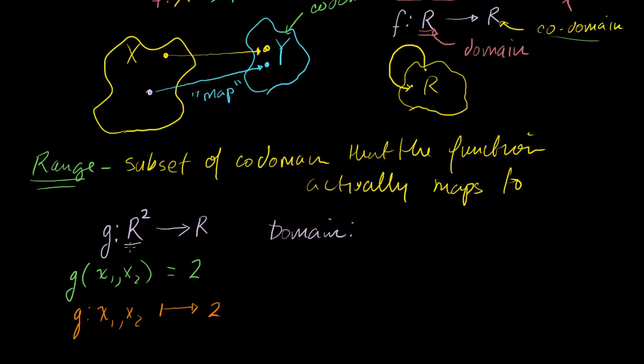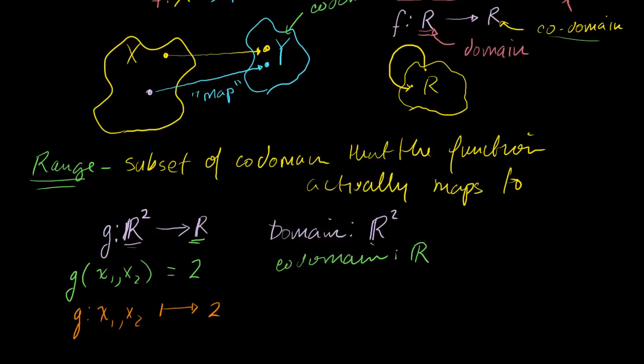I said we're mapping from R2, so my domain is R2. Now what is my codomain? Well, my codomain is the set that I am potentially mapping to, and it's part of the function definition. This, by definition, is the codomain. So my codomain is R.